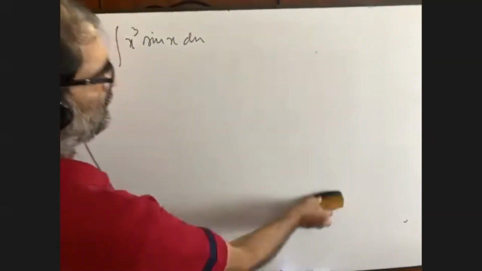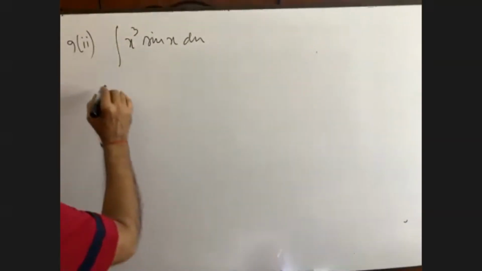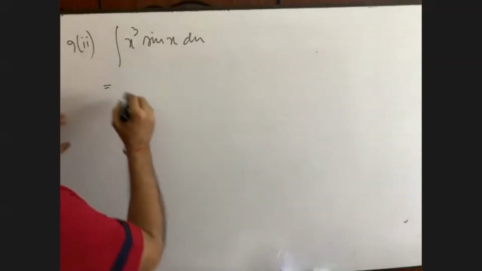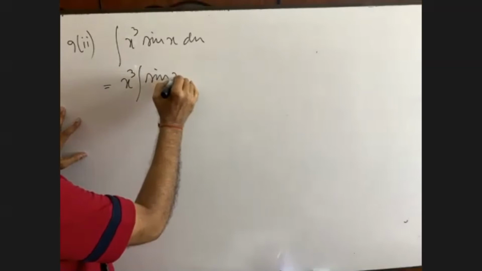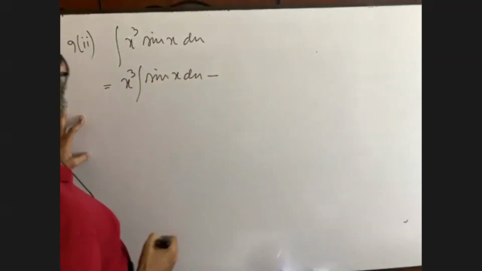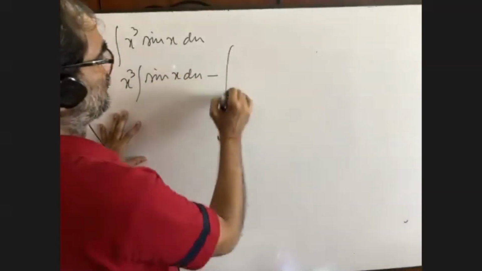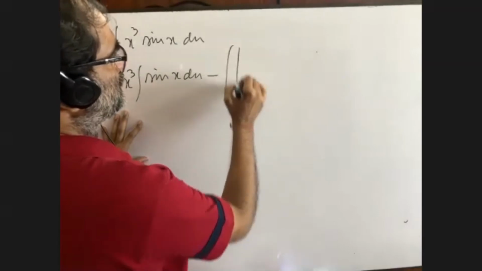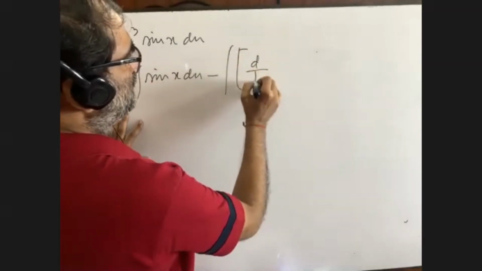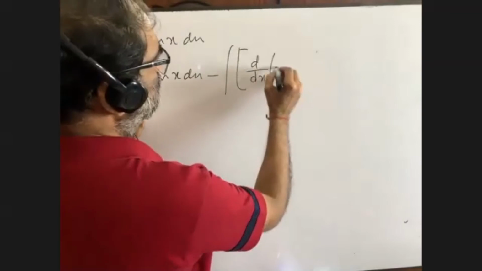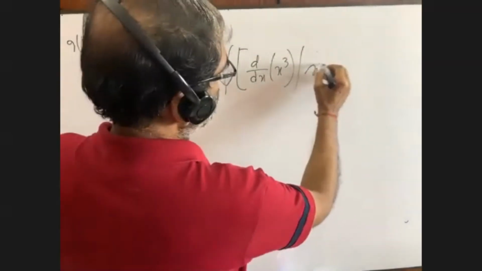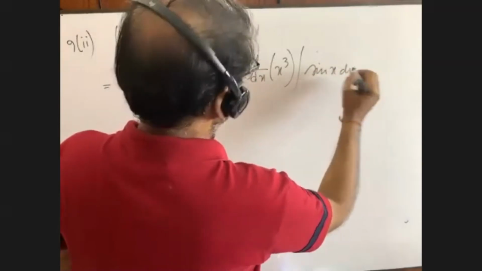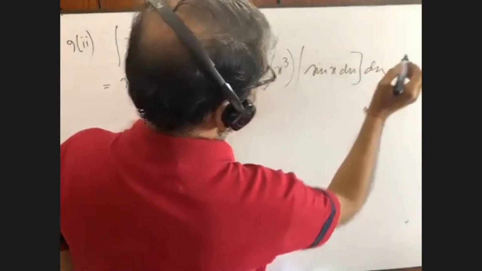Anyway, so it is x cube integration sin x dx minus integration, third bracket, d by dx x cube, integration sin x dx, third bracket close, dx.